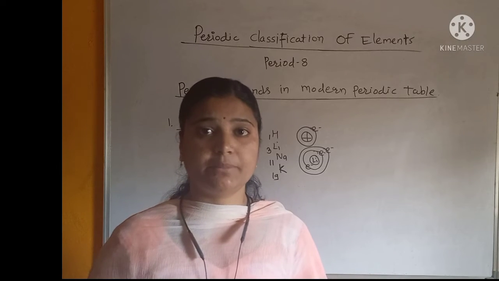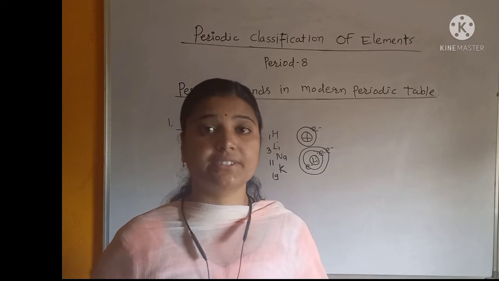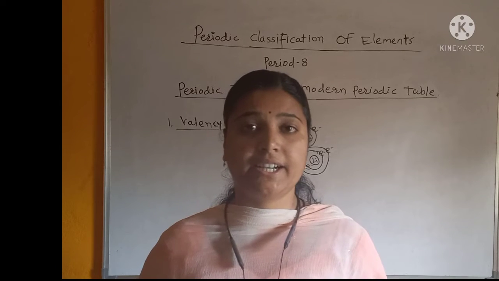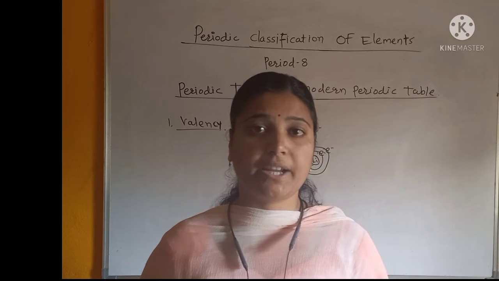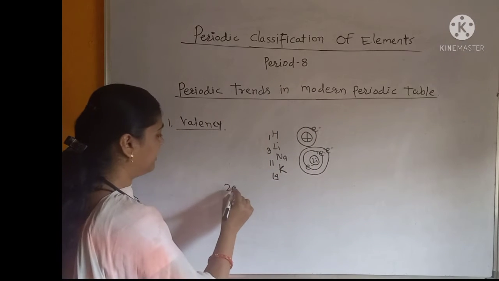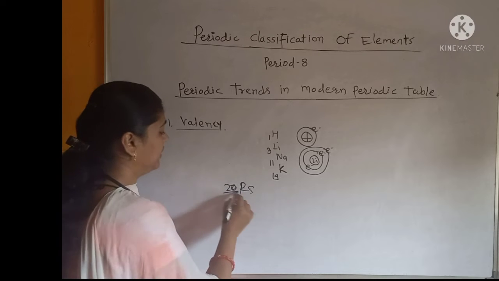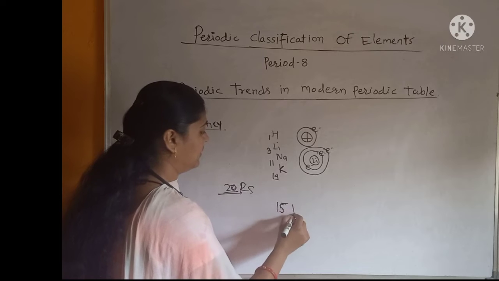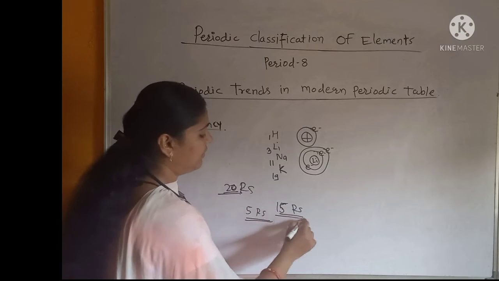Sometimes atoms donate electrons and sometimes accept electrons. Take an example: two friends are going to a market, and both want to buy one thing. The price of that thing is 20 rupees. One friend has 15 rupees and the other has 5 rupees.